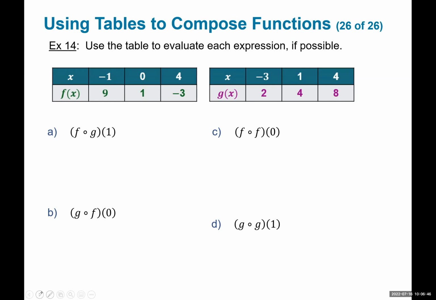Last example, use a table. f of g of 1. So first off, g of 1. g of 1 is 4. So then we take that 4 and we find f, which is -3.